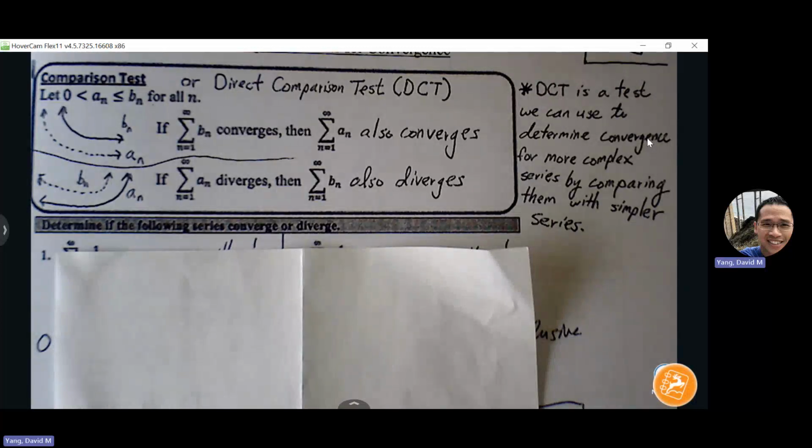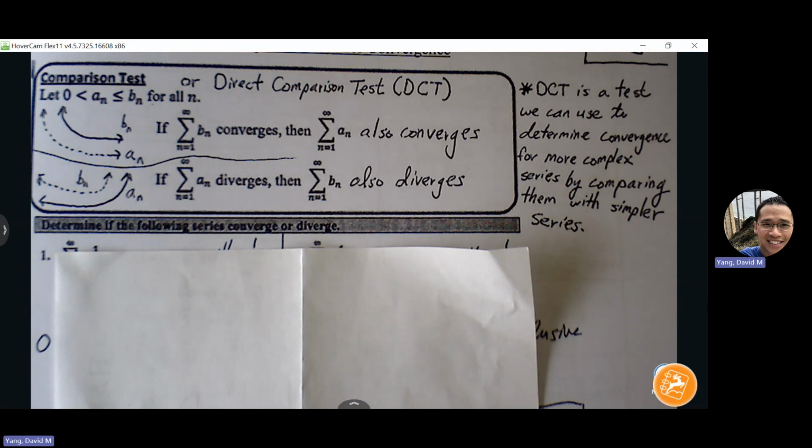All right, today we're going to talk about comparison tests. The idea here is that sometimes we may have a series that looks like it could be some variation of geometric series test or p-series test, but it doesn't quite fit. Something is a little bit off.